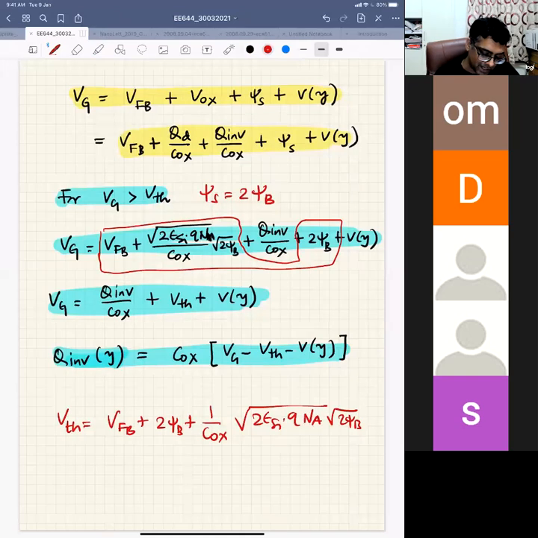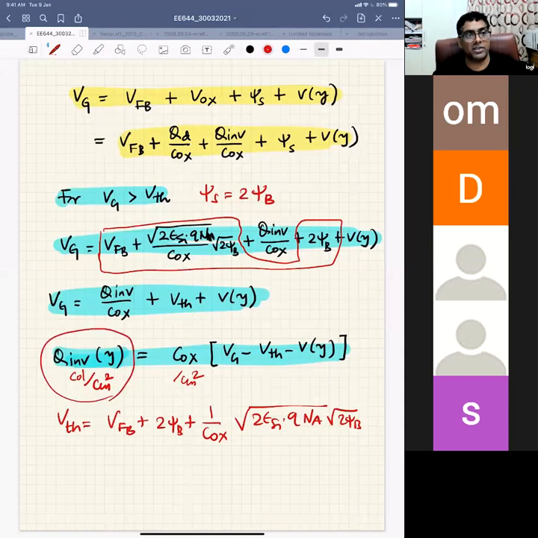Please keep in mind the unit here is per centimeter square. This is the charge per centimeter square. Your Cox is farad per centimeter square. Now this is the voltage, so this is coulomb per centimeter square, your Q inversion. This Q inversion is mobile.